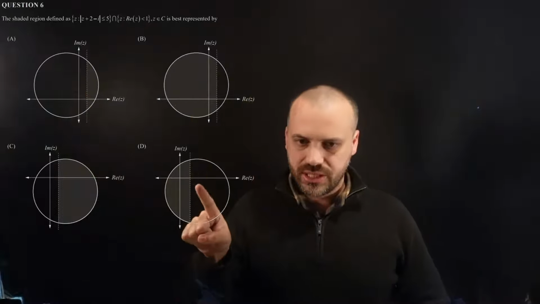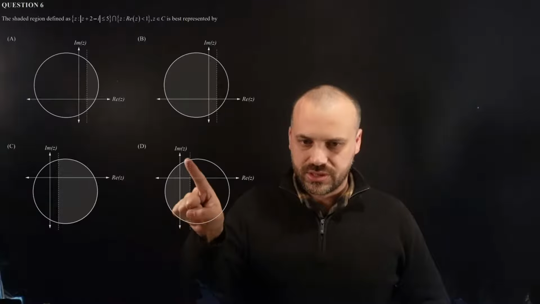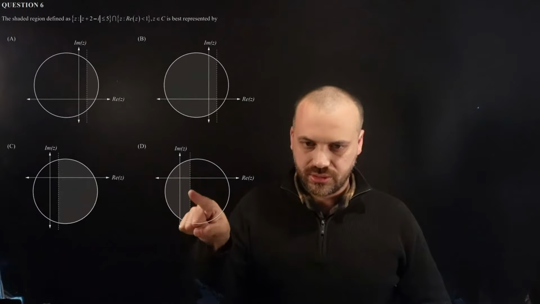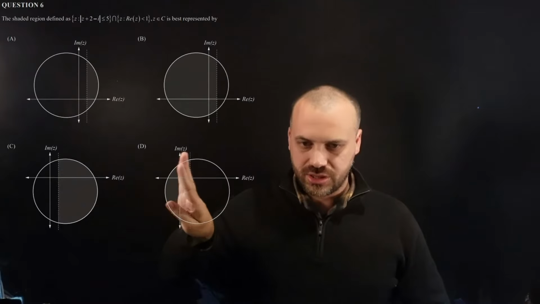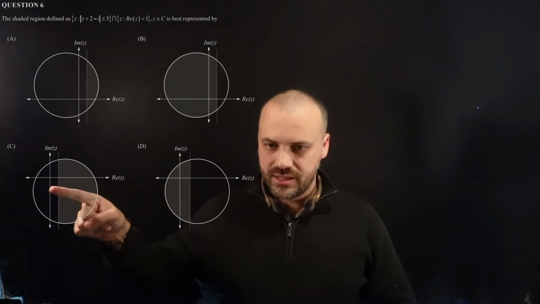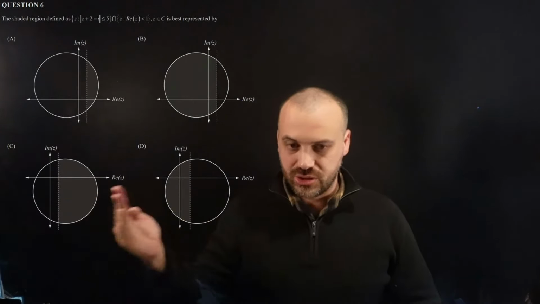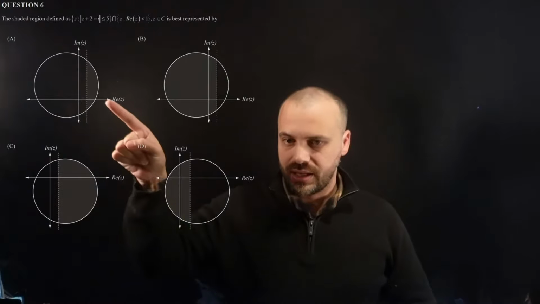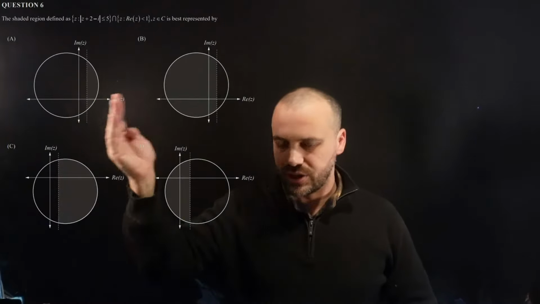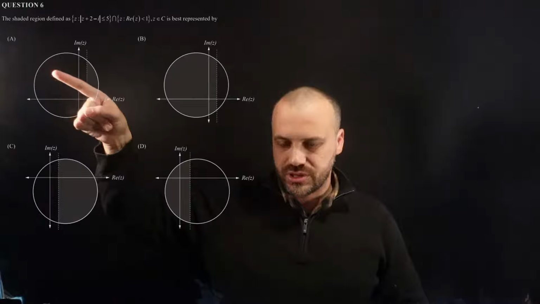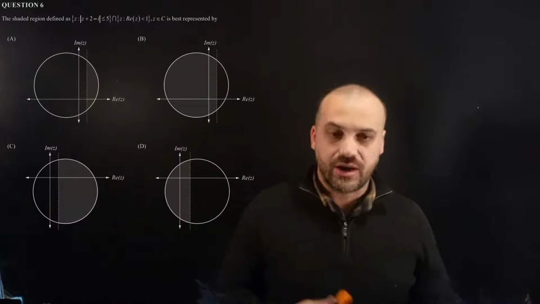And it also leaves me this one. You can see here's 1 along here, and the shaded region is less than. Here is 1 and the shaded region is greater than 1. And here is 1 and the shaded region is greater than 1. So let's cross out A and C as our options.